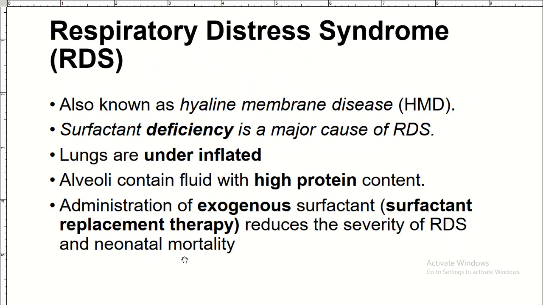Let's go to the clinical context. So we spoke of respiratory distress syndrome, which I said is due to the insufficiency of surfactant. Surfactant deficiency is a major cause of respiratory distress syndrome. Lungs are underinflated, and alveoli contain fluid with a high protein content.